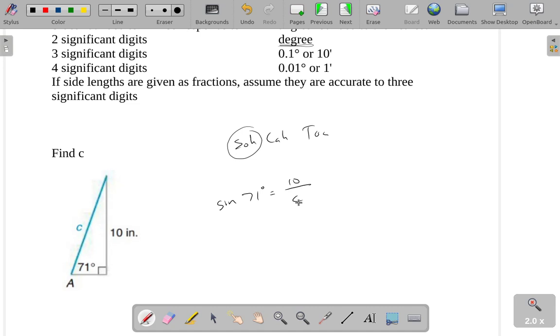So I'm actually going to start by multiplying both sides by c. If I multiply this side by c and this side by c, it gets the c out of the denominator. I get c times the sine of 71 degrees equals 10. All right, now what I'd like to do is divide both sides by the sine of 71 degrees. Those cancel out, and I end up with c is equal to 10 divided by the sine of 71 degrees.